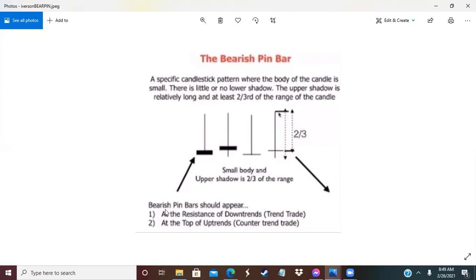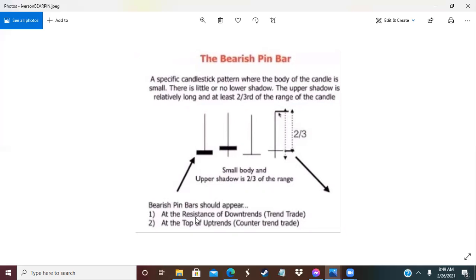Okay, and so now let's talk about where you want to see these occur, because I mean, the pin bar could pop up anywhere on the chart, but not everywhere that it pops up, it matters. Okay, there's a time when it really matters, and here it is. Bearish pin bars should appear at the resistance of downtrends, okay, or at the top of uptrends. All right, so at the resistance of downtrends, that's a trend trade.